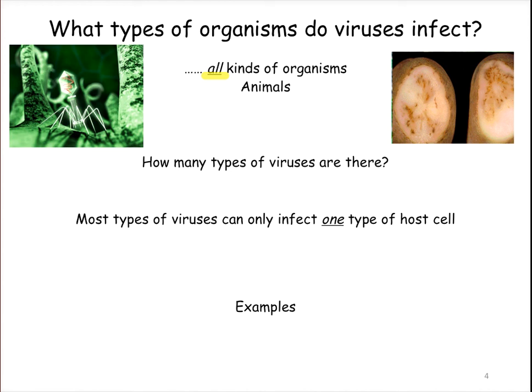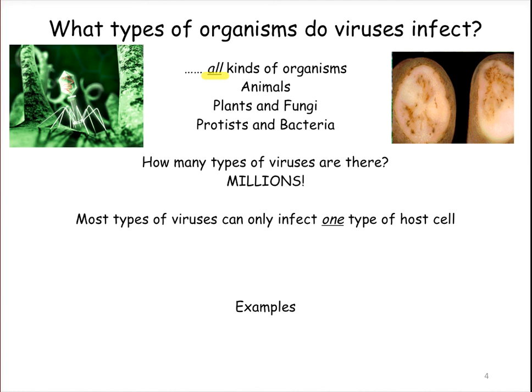But also things we don't think about as often, plants can get viruses. You may have heard of different viruses that trees can get. Fungi can get viruses. And even, believe it or not, single-celled organisms like protists and bacteria can be infected by viruses. There are literally millions of kinds of viruses out there in the world.